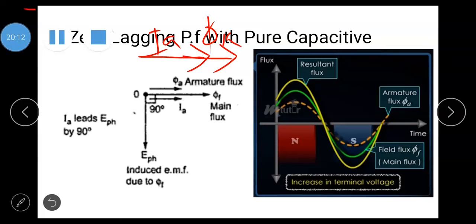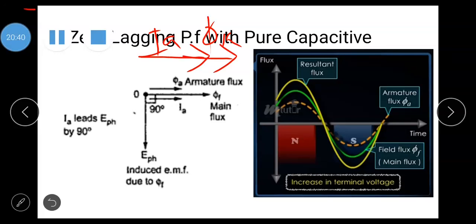So you can see the figure here. The green one is the main field, and this dotted line is the armature flux. If you notice, both the armature flux and the main flux are in the same direction, they start at the same time and end at the same time. That means both are in the same phase. So the resultant flux will be aiding each other, that means adding each other.